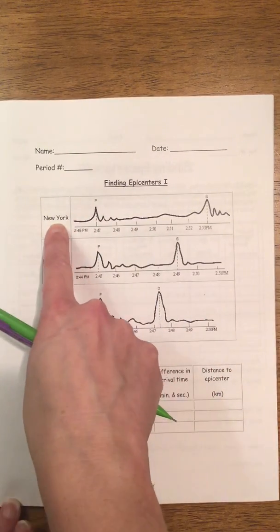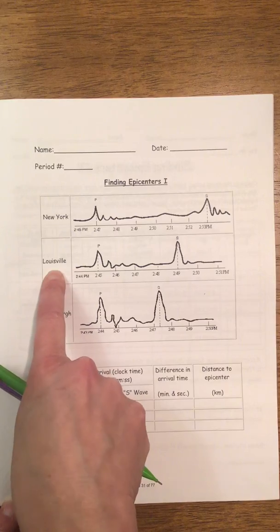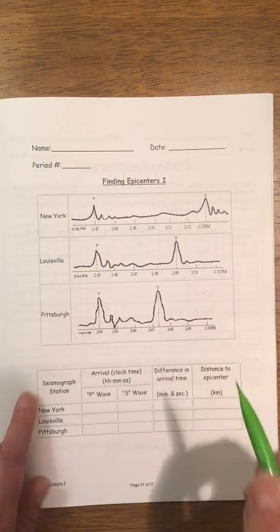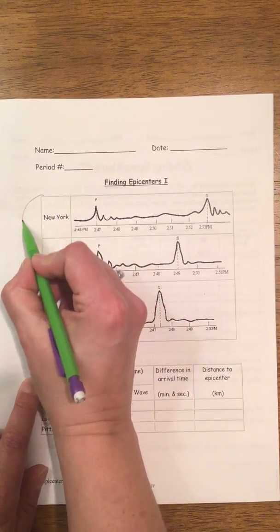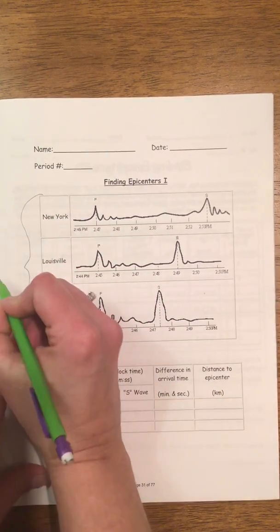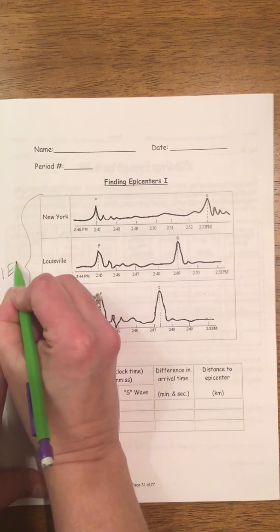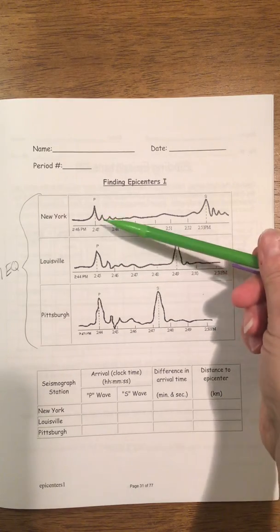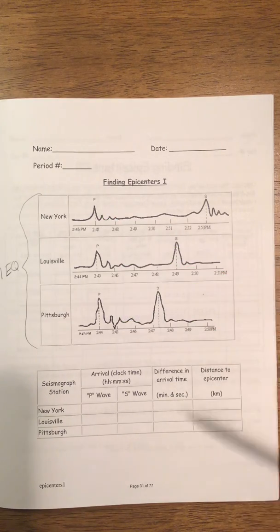One seismic station is located in New York, another one's in Louisville, let's assume Kentucky, and another one's in Pittsburgh. All of these stations recorded one earthquake's data. So all of this data is from a single earthquake. There's a seismologist in New York, a seismologist in Louisville, and a seismologist in Pittsburgh, and they're going to share their data.